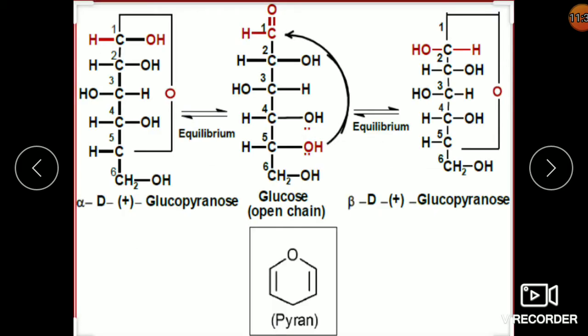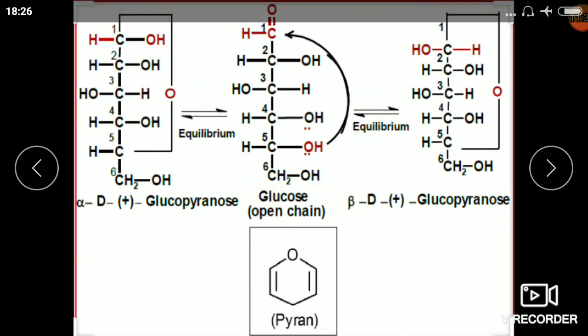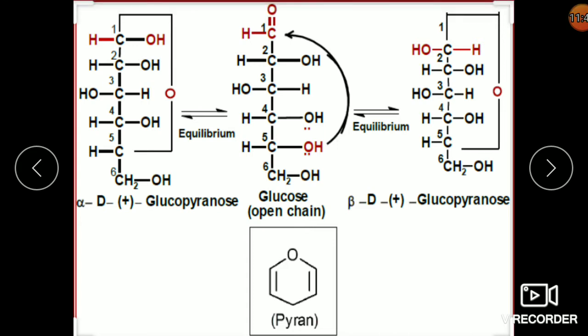Next we will come to the cyclic structure of glucose. In the cyclic structure formation, this is your glucose structure. In this structure, the fifth chiral carbon has an OH group. Now a rearrangement will happen here. The hydrogen from here will shift to the oxygen of the first carbon.